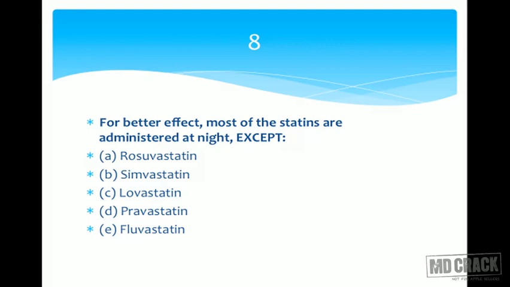You need to know that HMG CoA reductase activity is highest at night. So if the enzyme is active, you can inhibit it. If it's not much active, what inhibition are you going to produce? So because the enzyme is active at night, it's better if your blood levels are good for that particular drug at night.